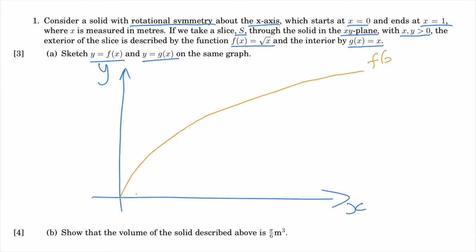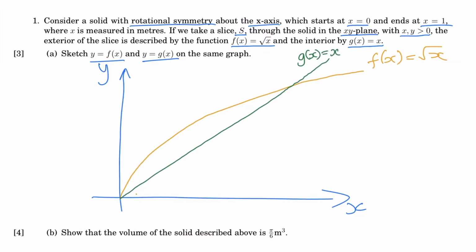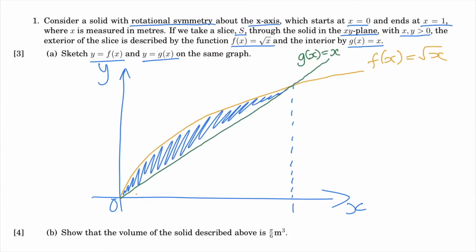So my f of x is equal to root x. And the interior is going to be given by g of x equals x. Note that they intersect at x equals 1 and x equals 0. So this shaded bit here is the slice through my solid.